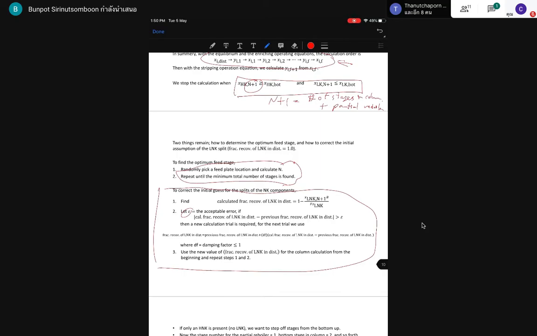In the initial assumption, we say that the heavy non-key is 100% recovered in the bottom, and the light non-key is 100% recovered in the top, in the distillate. But that's not true. We have to find the true recovery fractions of the heavy non-key in the bottom and the light non-key in the distillate. So to do that, you have to follow these steps.